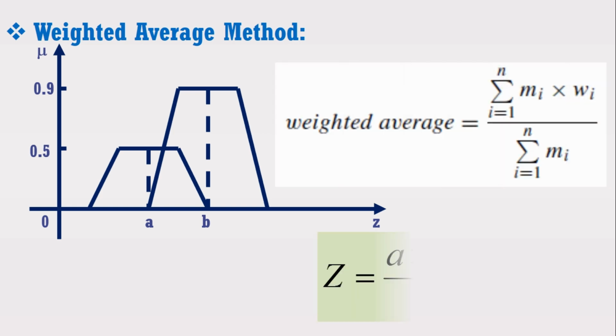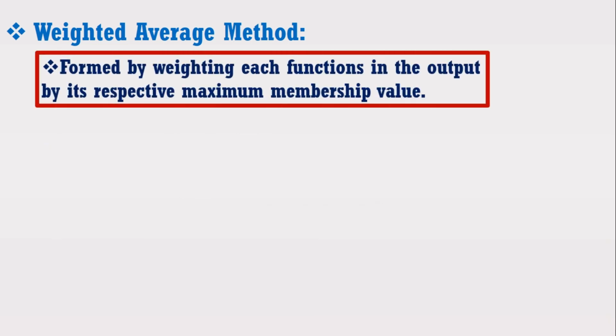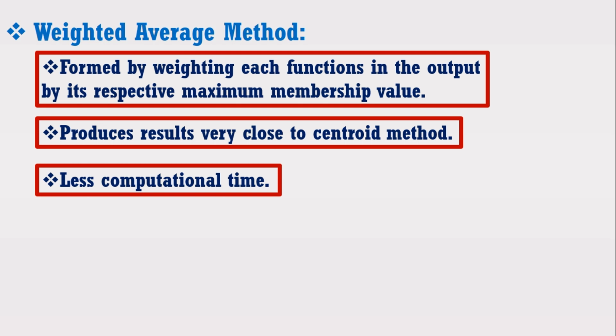Therefore, its weighted average is equal to A multiplied with its membership degree 0.5 and B multiplied with its membership degree 0.9, divided by the sum of their membership degrees. It means the weighted average method is formed by weighting each function in the output by its respective maximum membership value. It produces results very close to the centroid method. Furthermore, it takes lesser computational time.